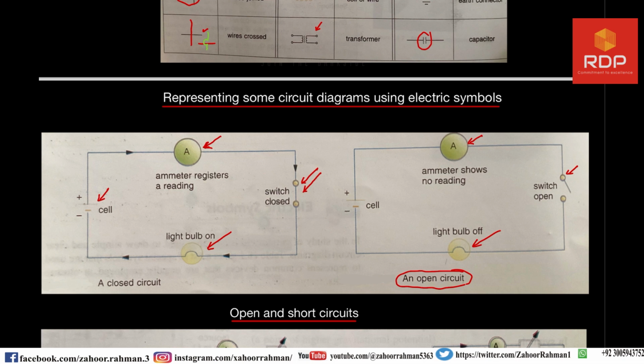So one is the closed circuit and one is the open circuit. Open circuit means that there is no current flowing. Closed circuit means that current is now flowing inside that circuit. There are two other very important terminologies used in physics, and they are open circuit and short circuit.